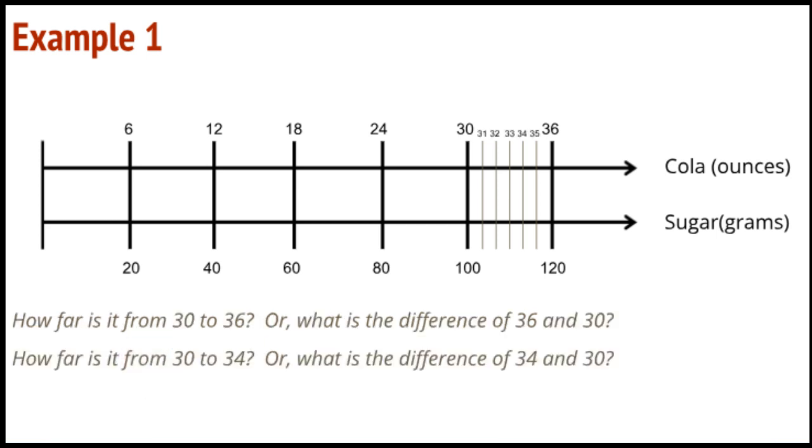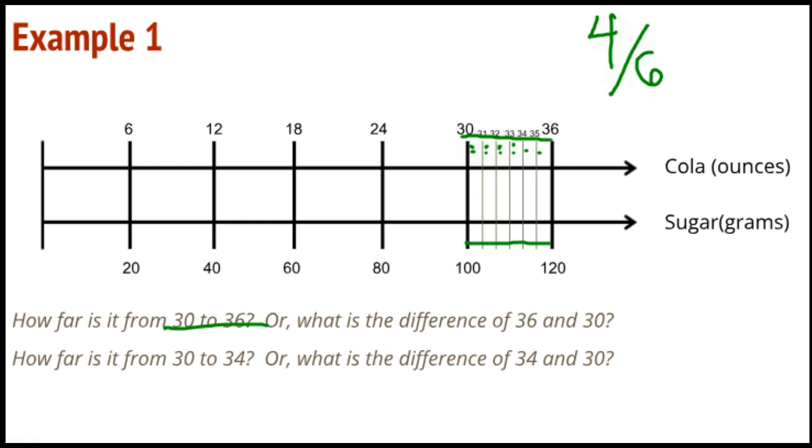All right. So the distance between 30 and 36 is 6 pieces. 1, 2, 3, 4, 5, 6. And 34 is 1, 2, 3, 4 of those. It is 4/6 of the way. So I'm doing something here with my tape diagram.